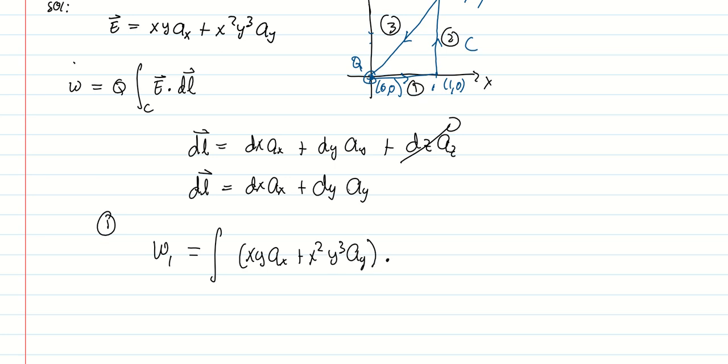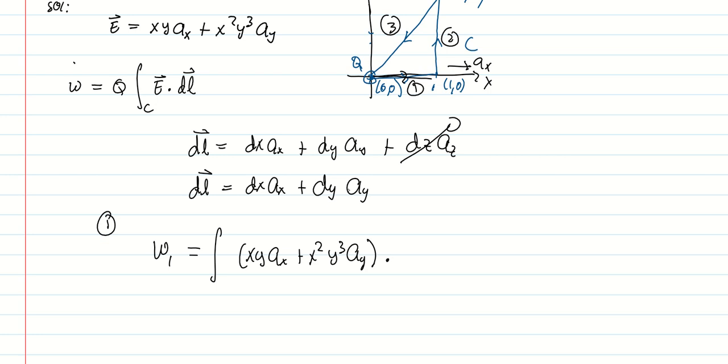And we take the dot product of the dL here. And the dL will be the dL that we will be using in that path. Actually, it's just in the x direction. This is just in the x axis. It's going through the positive ax. So there's no component for the y direction.